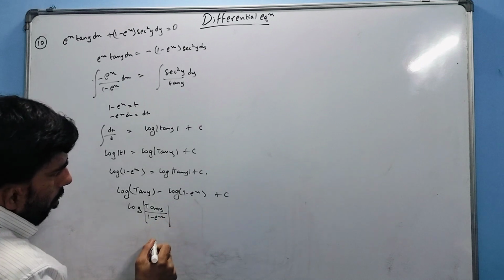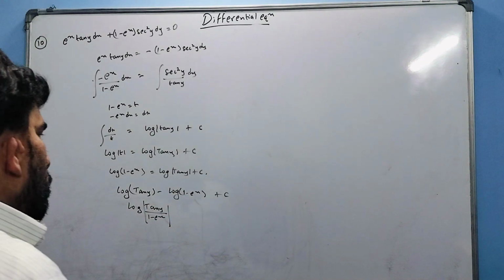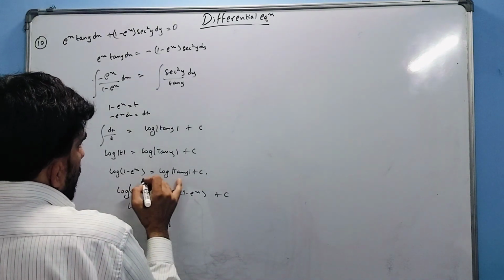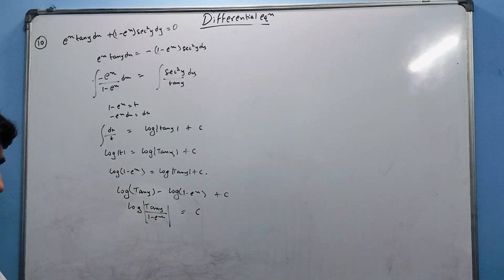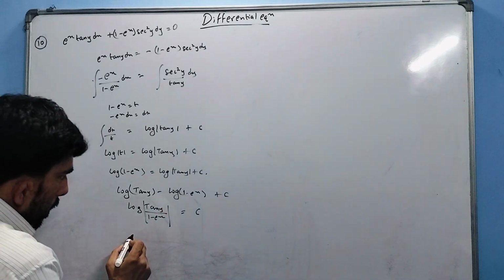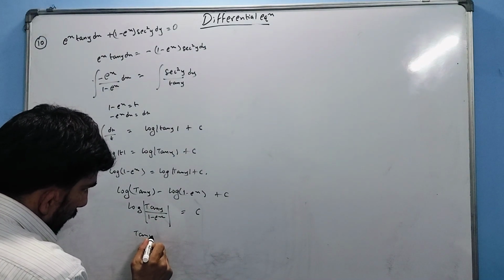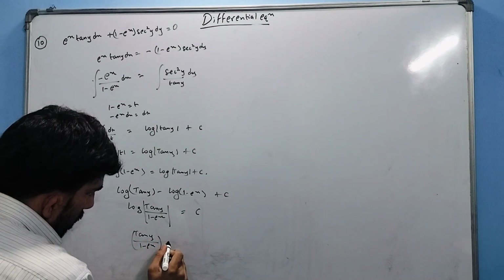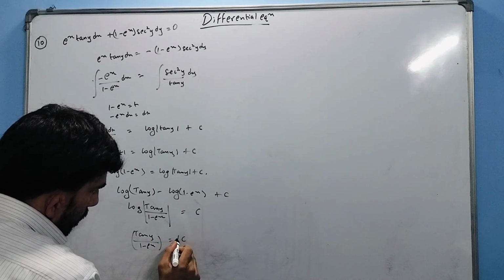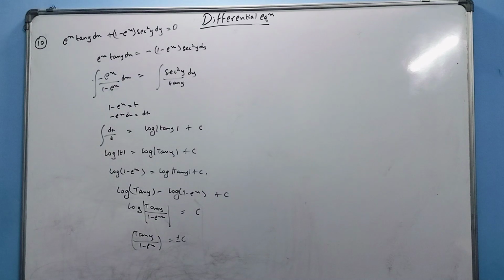We all know log x minus log y is log x upon y, and I've taken this side, so we have c here. So now we can take log of c, so we will have tan y upon 1 minus e^x is equal to plus or minus c. Okay, so that is how we try to solve such kind of questions.